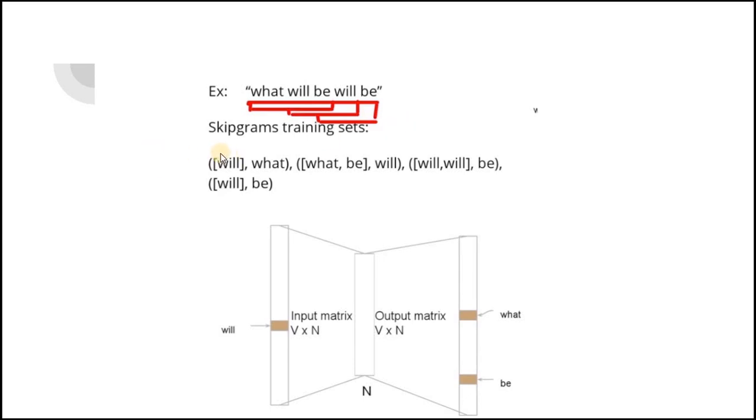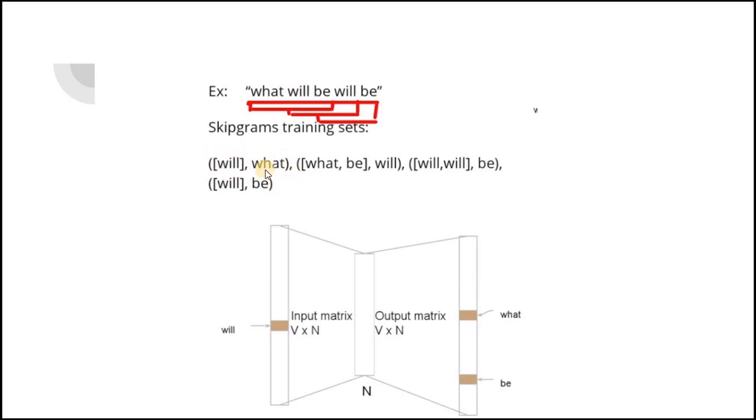The input will look similar to this, containing 2 entities: the input and the output context expected. Let's take 3 words at a time and generate an input and output context. I will take the first word what, and the output I will be expecting for that would be will. I am representing that in this form.